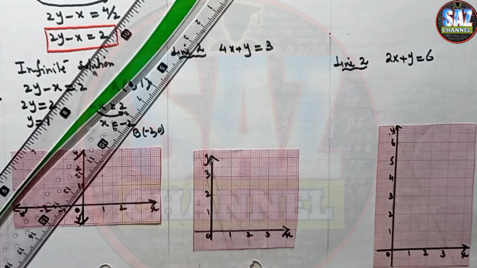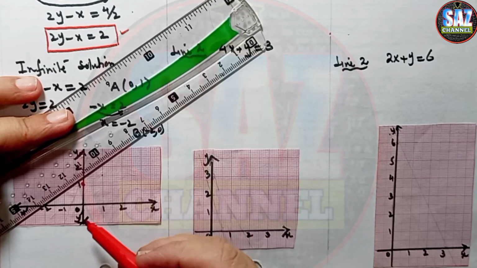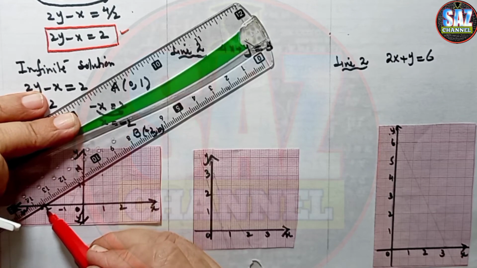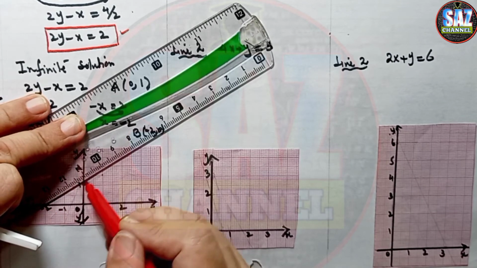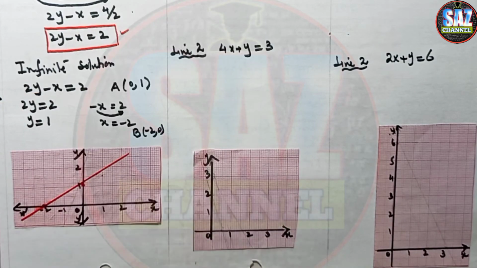So let me draw the line, and both the lines will be coming at the same place. When we draw the graph for both the equations, they will be overlapping each other. So that's why we say that this situation will have infinite solutions.